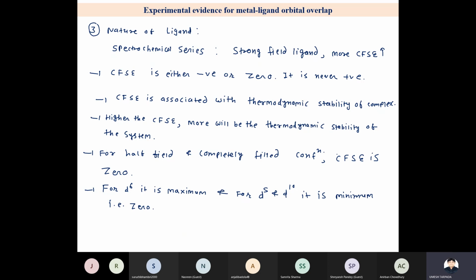If you want to understand Jahn-Teller distortion, then you can understand that also by looking at its configuration, how electrons are arranged in eg and t2g orbitals. So tomorrow we are going to take Jahn-Teller distortion, in which case you get strong distortion and in which case weak distortion, and we will also see molecular orbital theory.